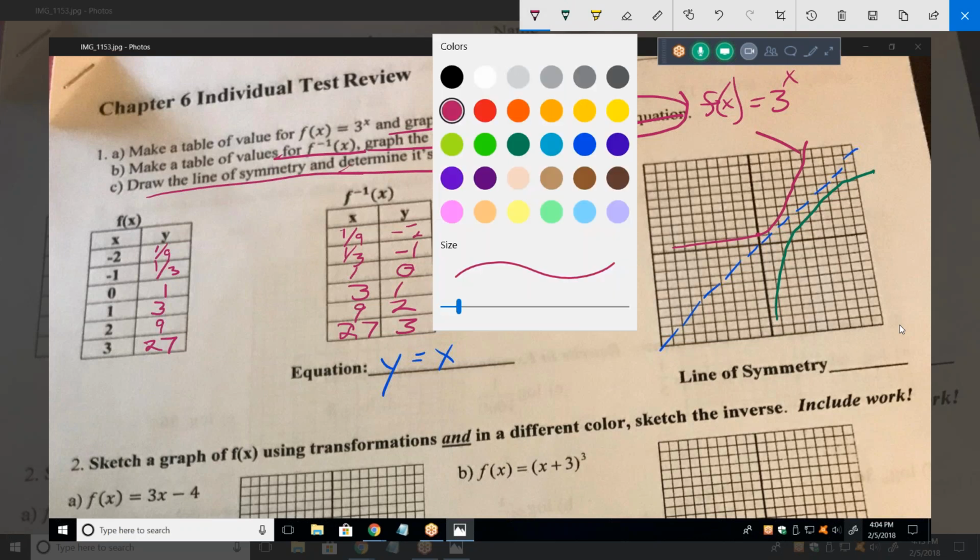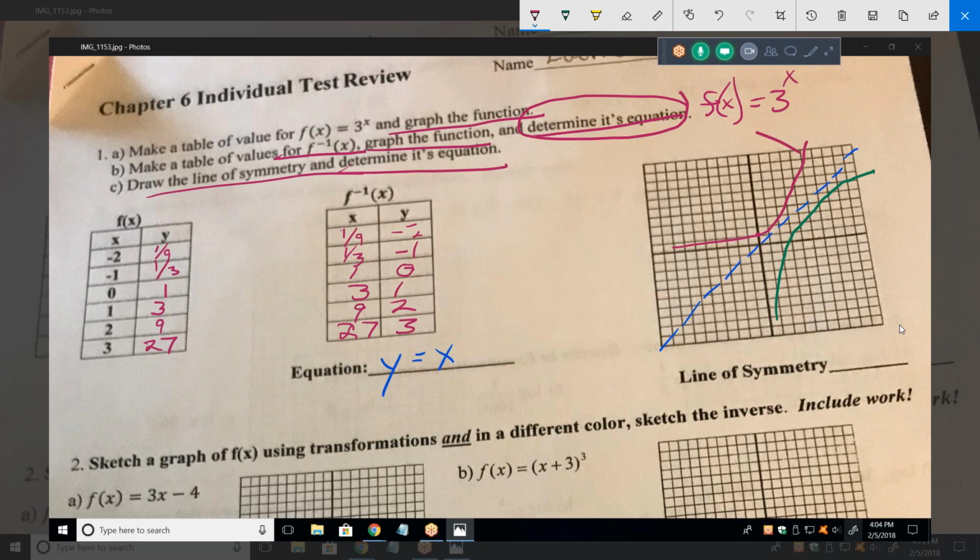So let's review that. Let's go back to the beginning. Y equals 3 to the x power. How do you find the inverse function for that? What are the 2 steps you have to do? First step, you swap the variables.